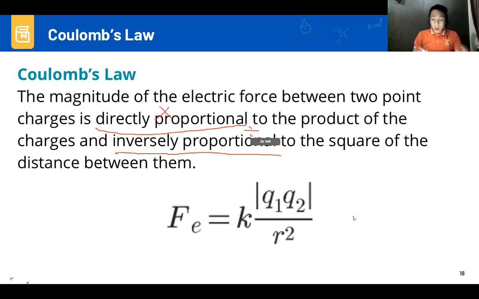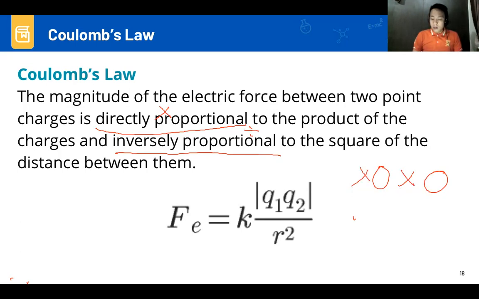So we have the magnitude of the electric force between 2 point charges. So we have two charges, either positive or negative, or the same positive or the same negative. As simple as that. Directly proportional, so multiplied by the product of the charges.